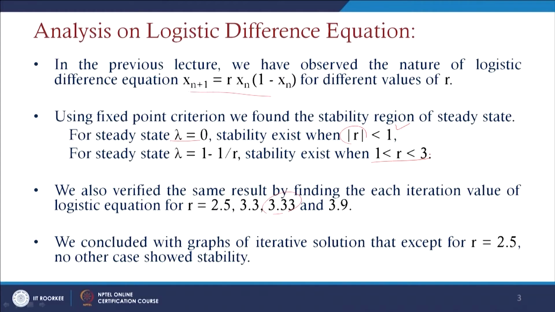And when we go for graphical solutions, we find an iterative solution that except for r equals 2.5, no other case shows stability for these values. Since stability means the value remains constant, and after so many iterations there is no further change of these values.